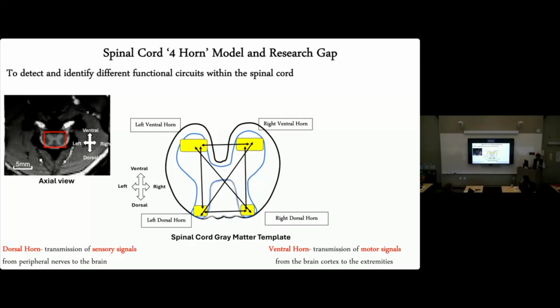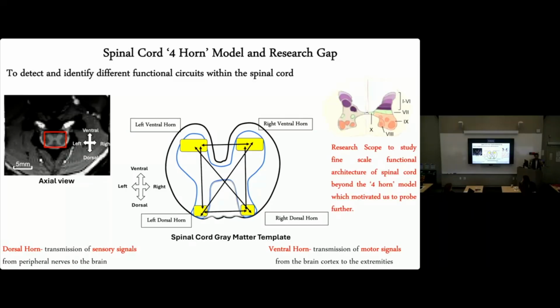But as we know, the spine has a much more laminar structure than this, and there has been increasing evidence of specificity with respect to different functional tasks in different regions. So this motivated us to study the functional architecture of the spinal cord in much more detail.